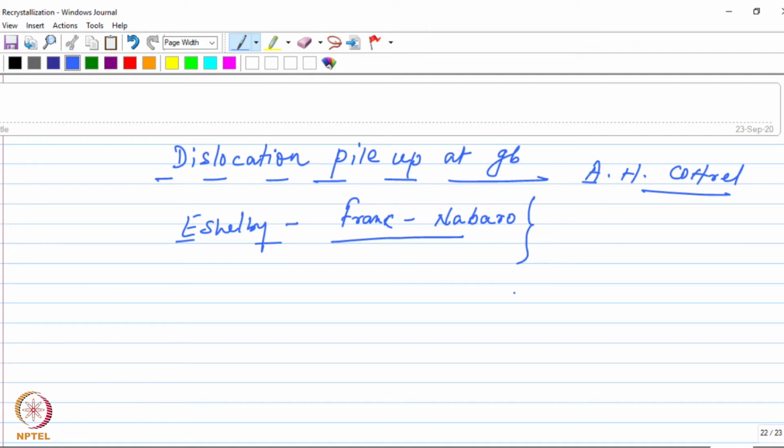So let's say we are talking about a grain boundary here and the pile-up of dislocations at the boundary.